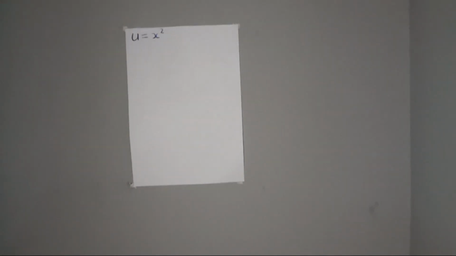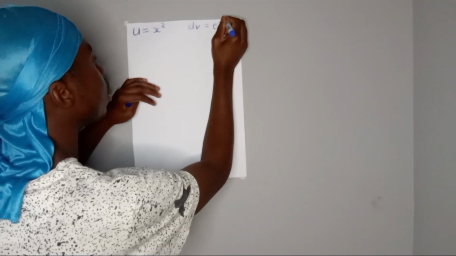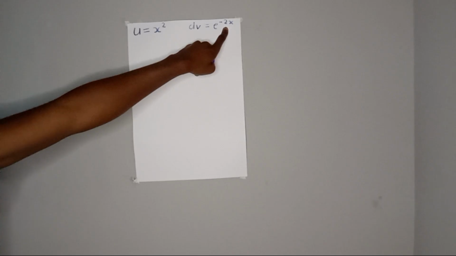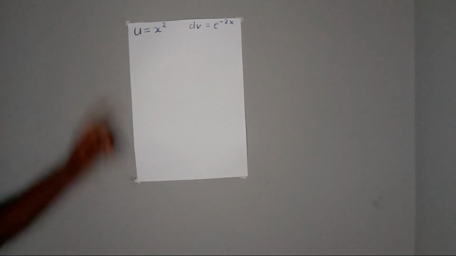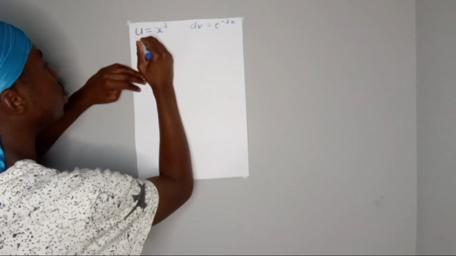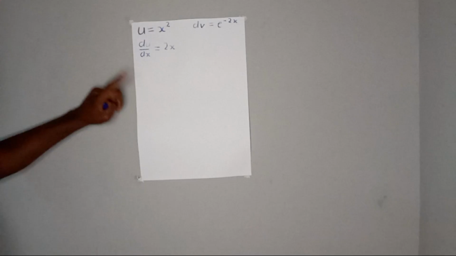So your u is going to be x squared. Your dv once again is going to be e to the power of negative 2x. Now we're going to differentiate the x squared, leaving us with 2x.